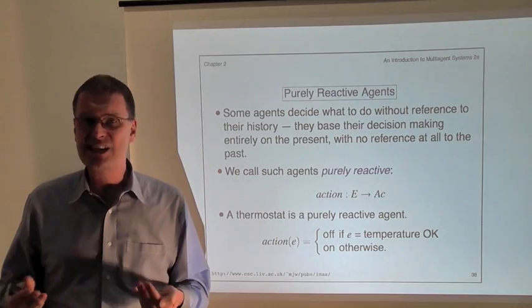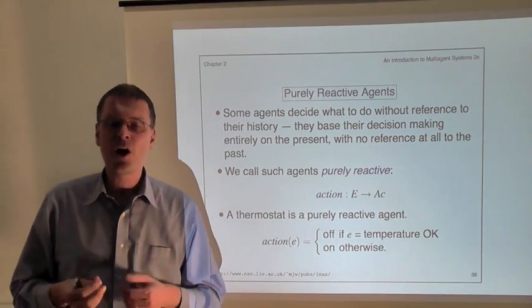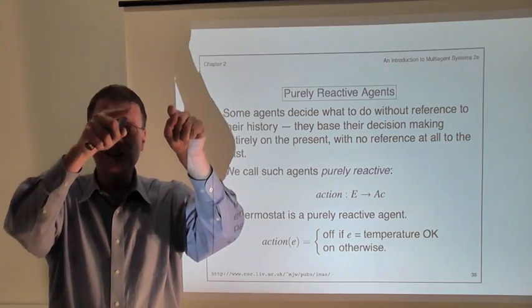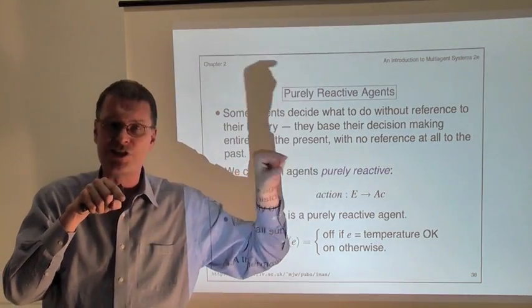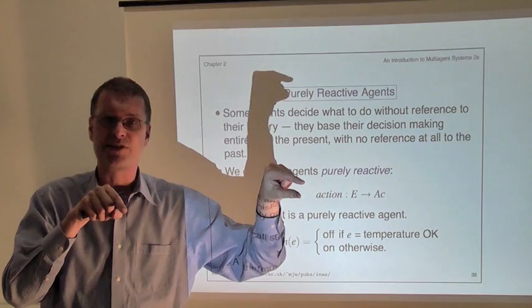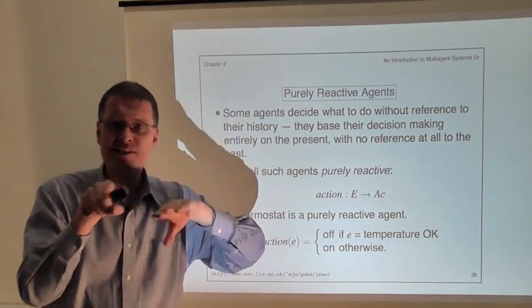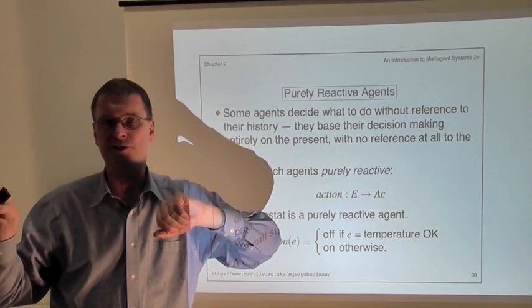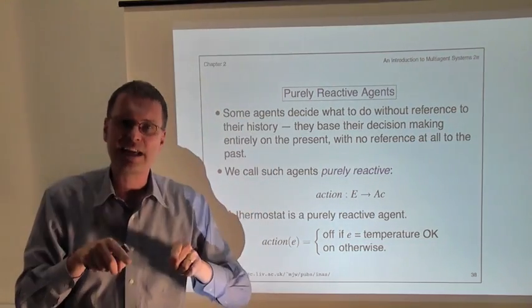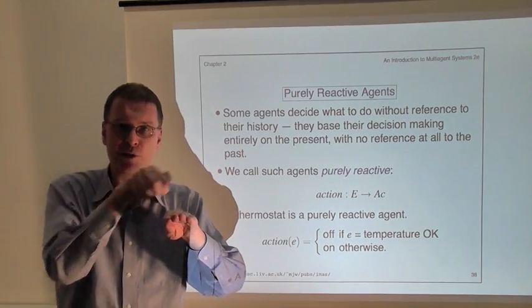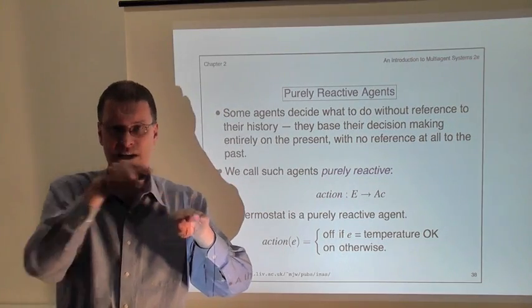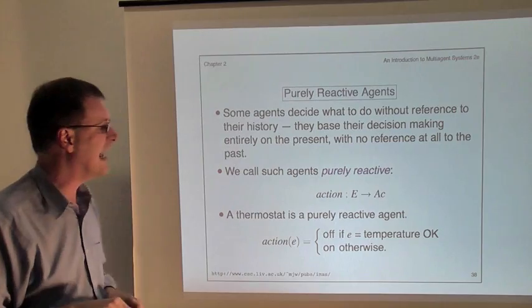So in order to decide what to do, all our agent does is it looks down this lookup table until it finds an environment state which matches what it sees in the environment at the moment, and if it finds a match, then it performs the corresponding action. So decision making is just look down this lookup table until you find something which matches what you see in the environment and perform the corresponding action.